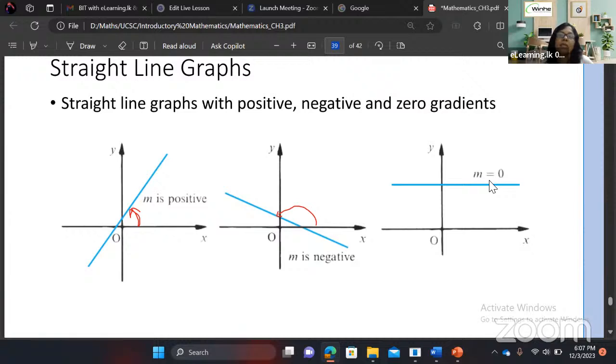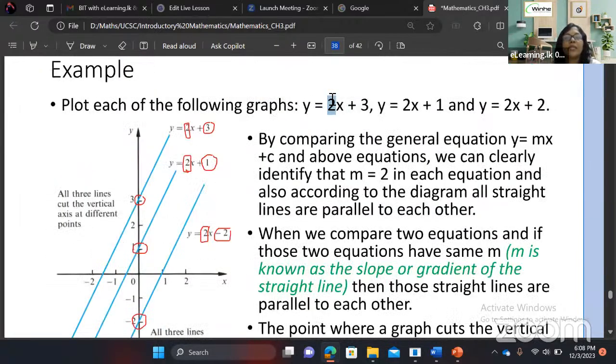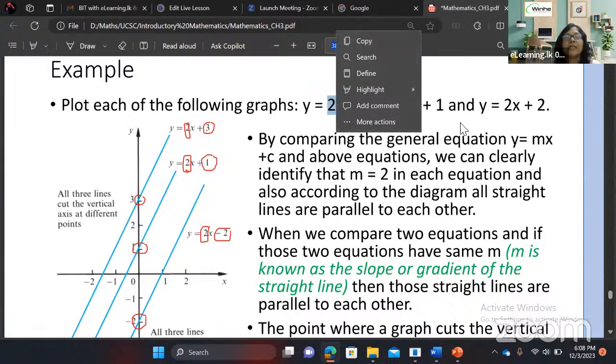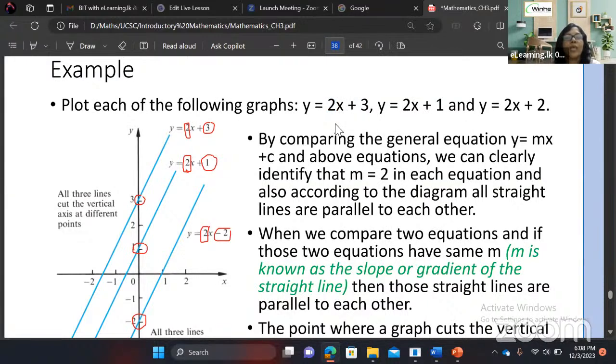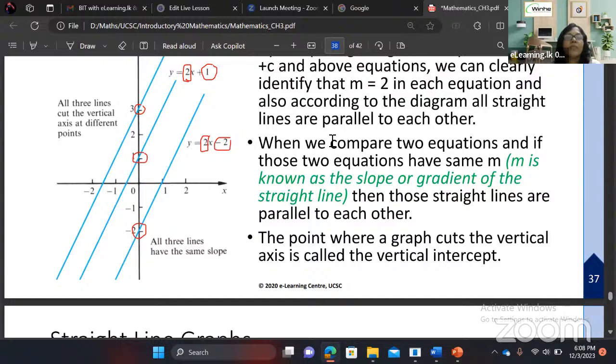If the angle is equal to 180 degrees, then the gradient is equal to 0. So by looking at the gradient, you can check whether it is a positive or negative line, or parallel to the x-axis.